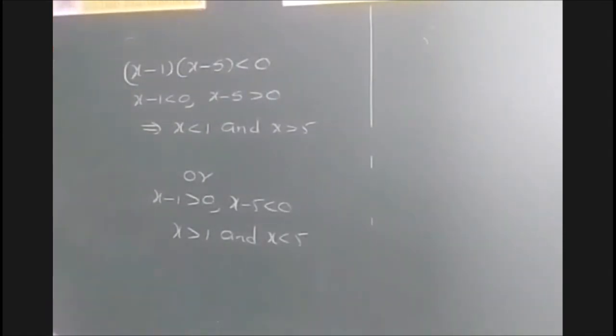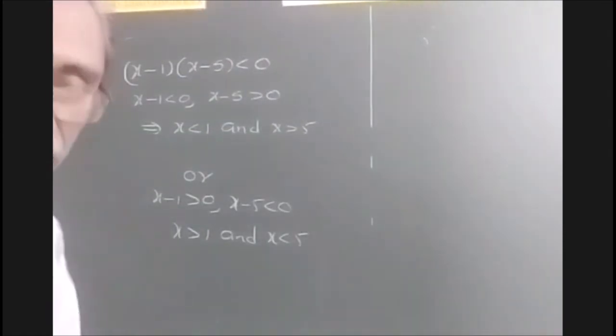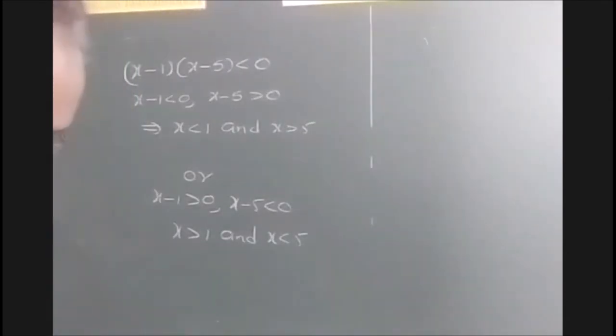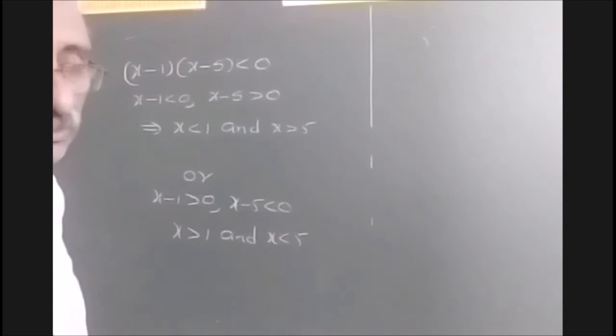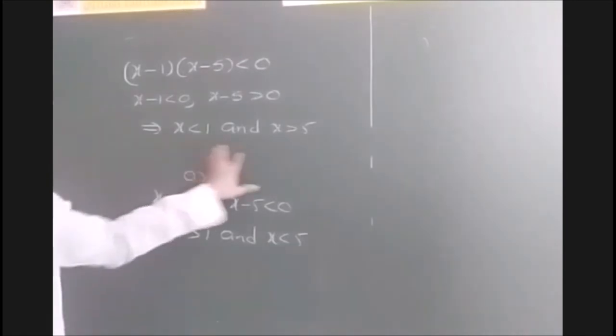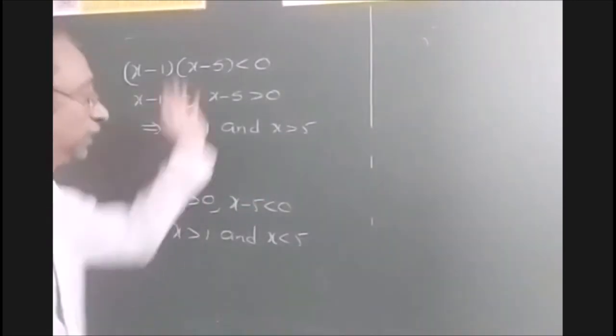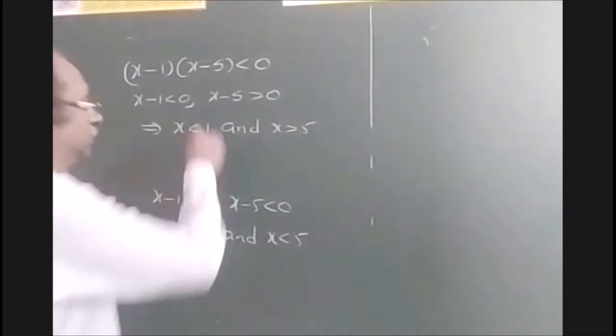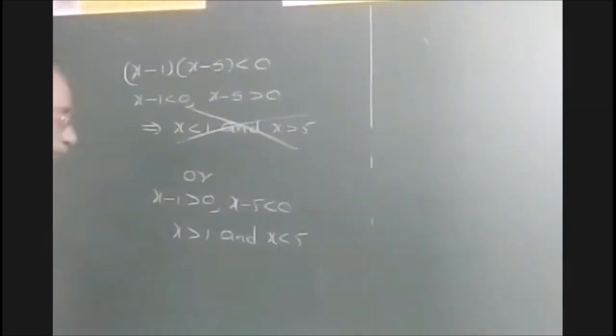Can you give me a number which is less than 1 and greater than 5? No, sir. Can you give me a person who is younger than you and older than me? No, we cannot find such a person. Similarly, we cannot find such a number which is less than 1 and greater than 5 at the same time. So this is wrong.